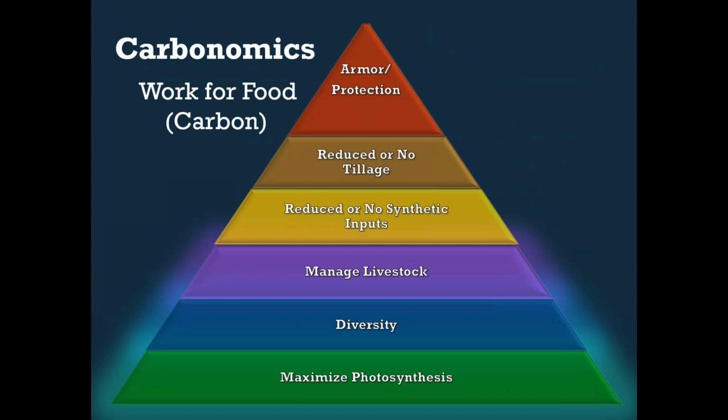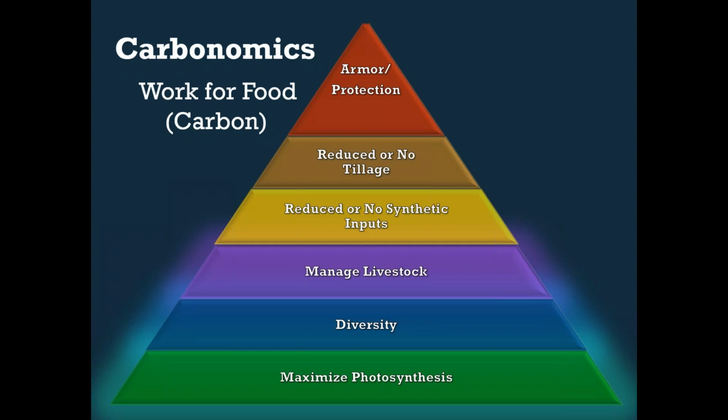So as I said, what we're going to do first is focus on the bottom 3. And we're going to think about this from, again, the carbonomics perspective. We're going to think about how carbon is going to flow through things. Every organism, ourselves included, has always and will always work for food.